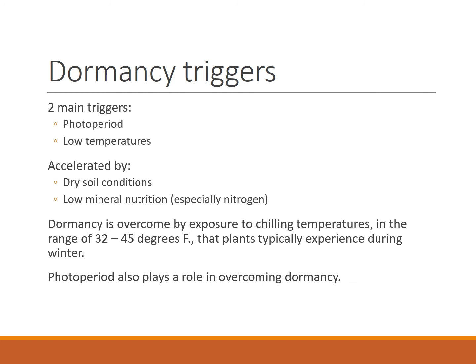And photoperiod also plays a role in overcoming dormancy. So in other words, as the days begin to get longer, as the photoperiod starts to increase, that will be a trigger that will tell plants it's time to come out of their dormancy, providing that they've been exposed to the correct number of chilling hours or chilling temperatures that they need to also overcome their dormancy.